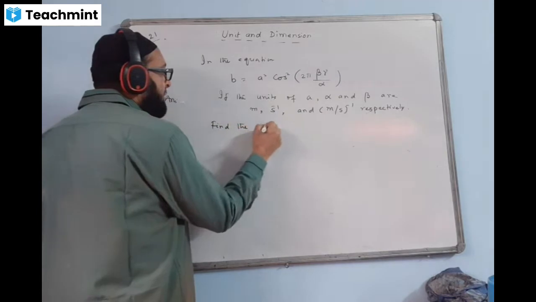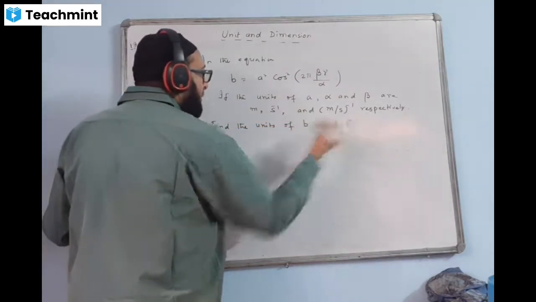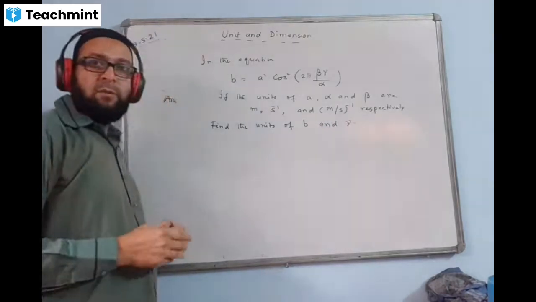Find the units of B and gamma. That is the question.